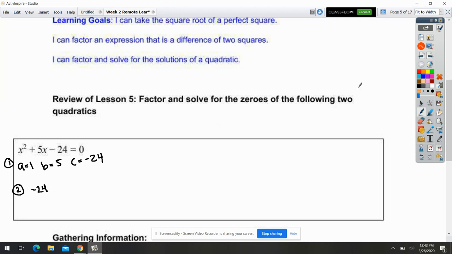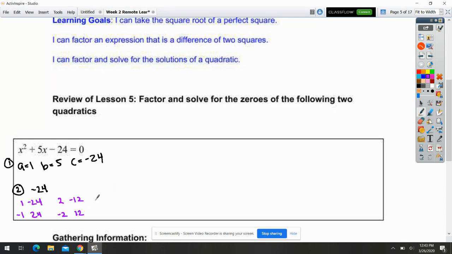Now that your C value is a negative number, that means you need a positive and a negative number that will multiply to a negative. So we could have either 1 and negative 24 or negative 1 and positive 24. It could also be 2 and negative 12 or negative 2 times positive 12.